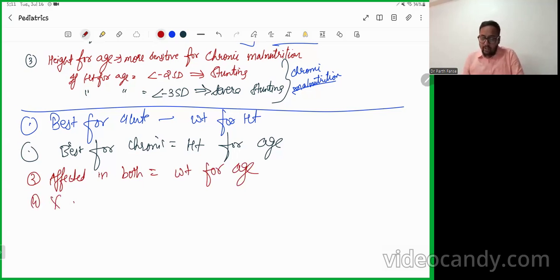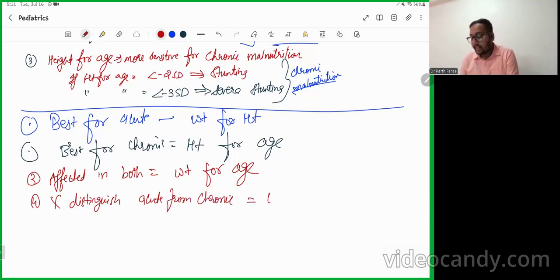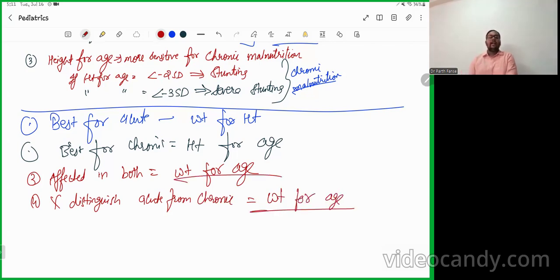Who cannot distinguish acute from chronic? It is weight for age. Affected in both, weight for age. Cannot distinguish acute from chronic, weight for age.